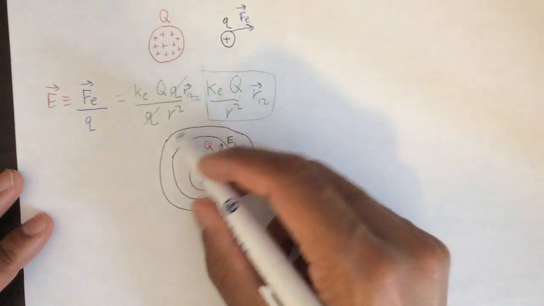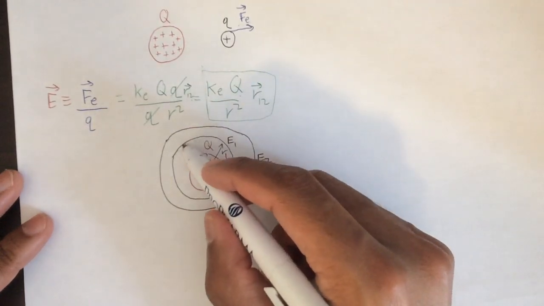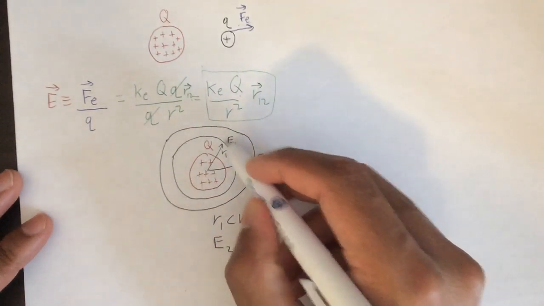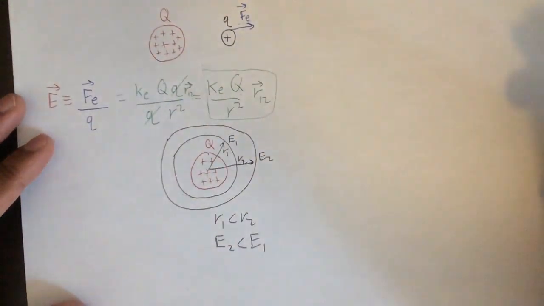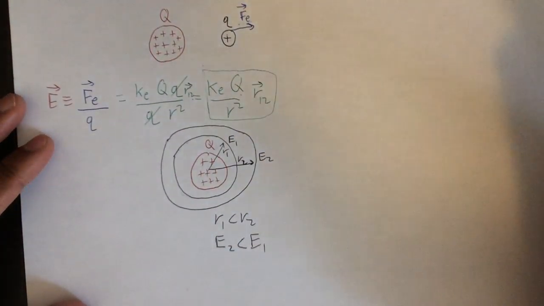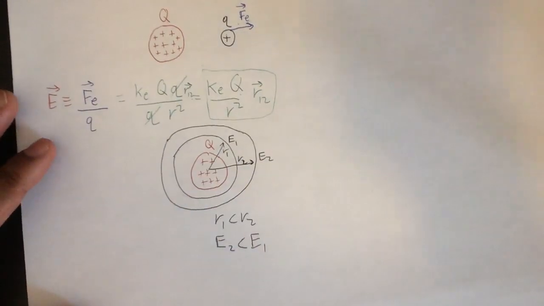There's the same magnitude of the electric field around each concentric circle for a point charge. So that is what the electric field is.